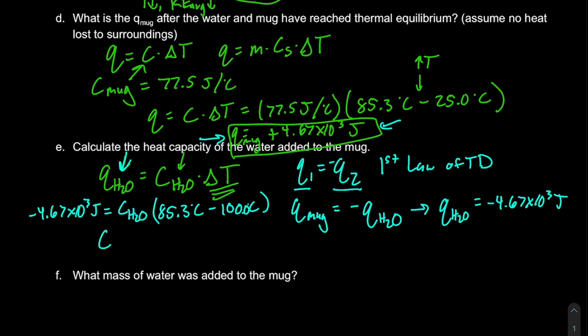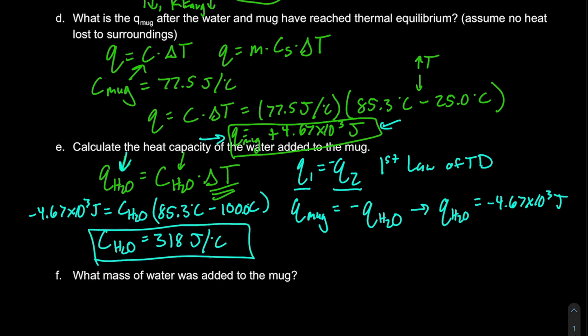And we would quickly divide that over, and we would get the heat capacity to be 318 joules per degree Celsius. So now we know the heat capacity of our water. So the whole sample of water, it would take 318 joules to cause it to change in temperature by 1 degree Celsius.